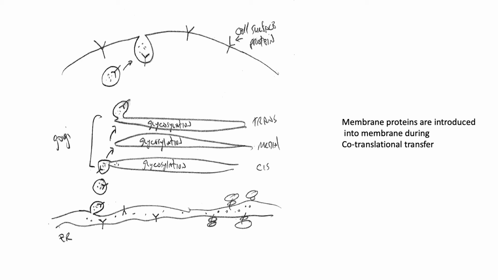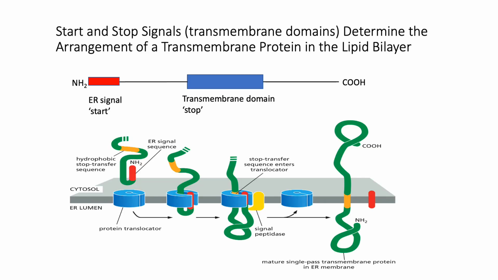So these transmembrane parts of the protein, these transmembrane domains, act as additional signals, and that's shown in this next slide here. So they act as start and stop signals. If we look at the line drawing, so the amino terminus, carboxy terminus, the red portion is the ER signal sequence.